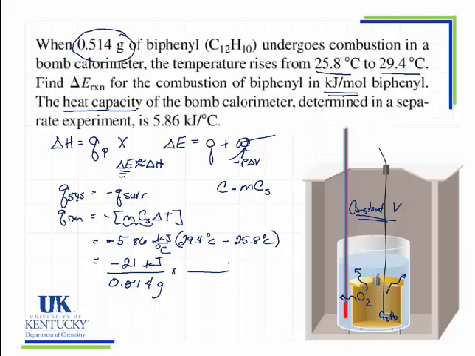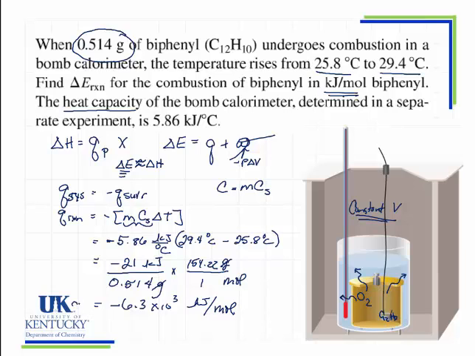But I will put the grams in the numerator and the moles in the denominator so that I can finish knowing it in kilojoules per mole. The molar mass of biphenyl with its 12 carbons and 10 hydrogens is 154.22 grams per mole. And when I multiply that out, I get the value of negative 6.3 times 10 to the third kilojoules per mole of biphenyl.